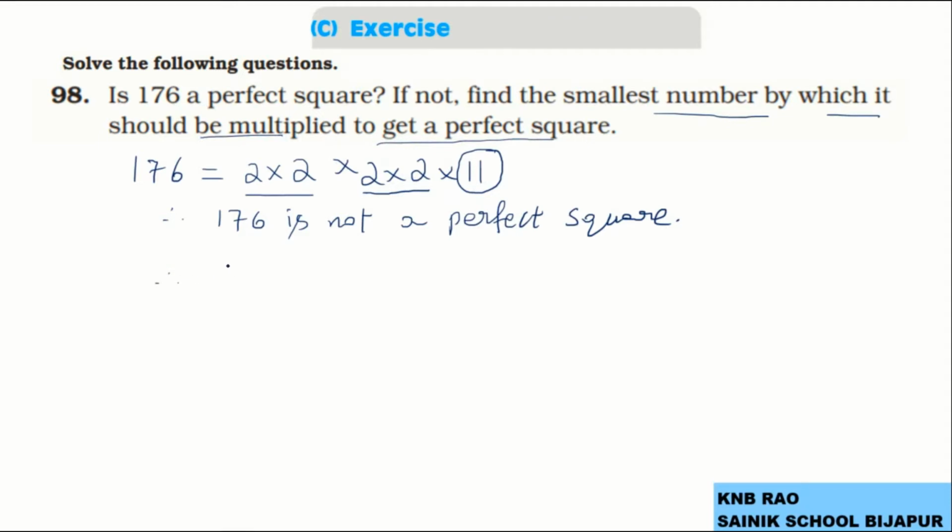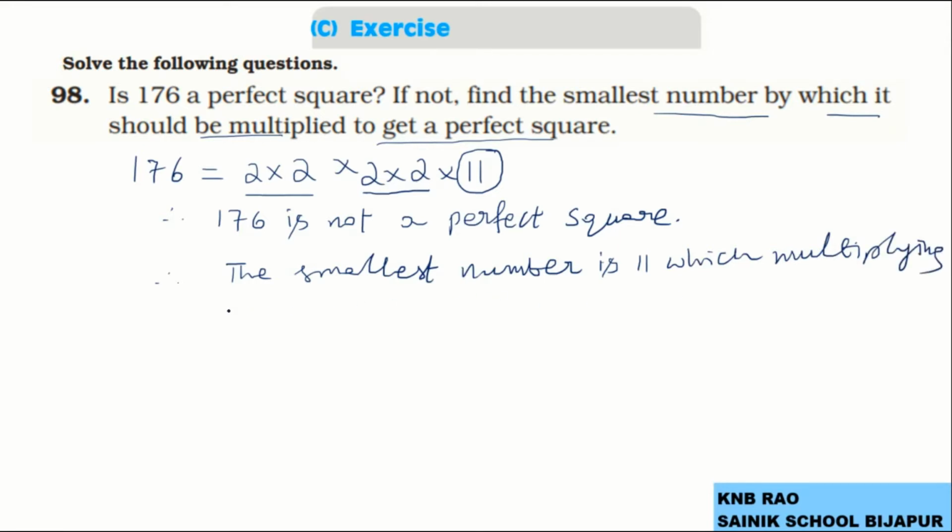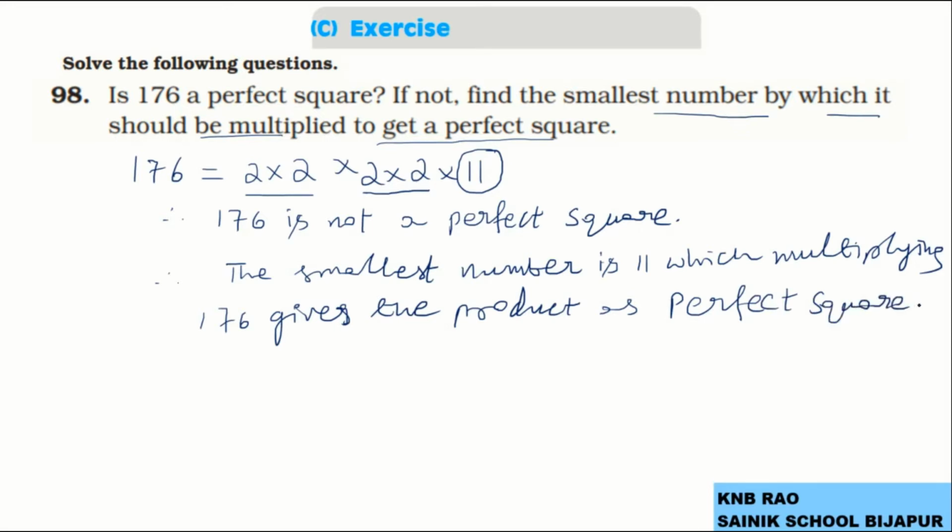So we say that the smallest number, which multiplying 176 gives the product as a perfect square, is 11.